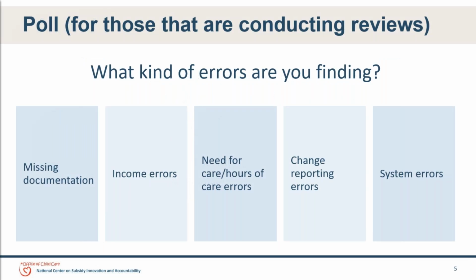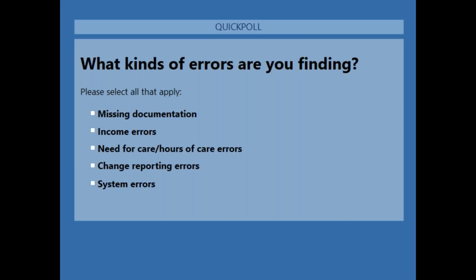All right, to get us started this afternoon, we're going to do a quick poll. And Katie, if you could please launch the poll for us. This is also an opportunity for you all to see what's happening with your peers. What kind of errors are you finding in your case reviews?